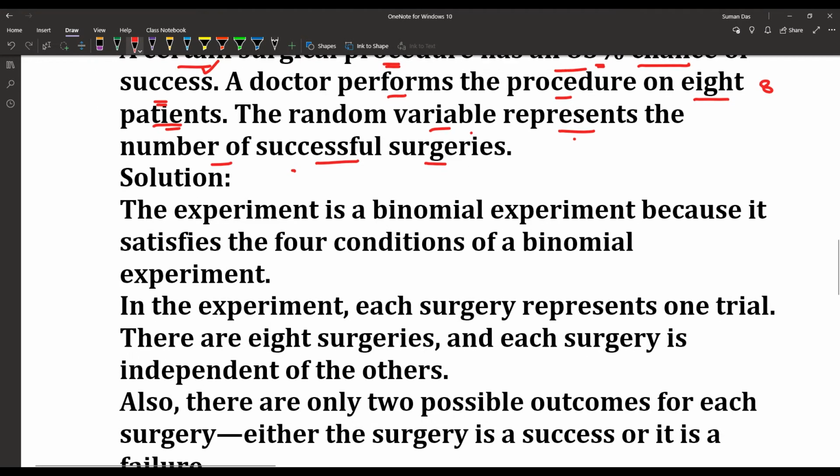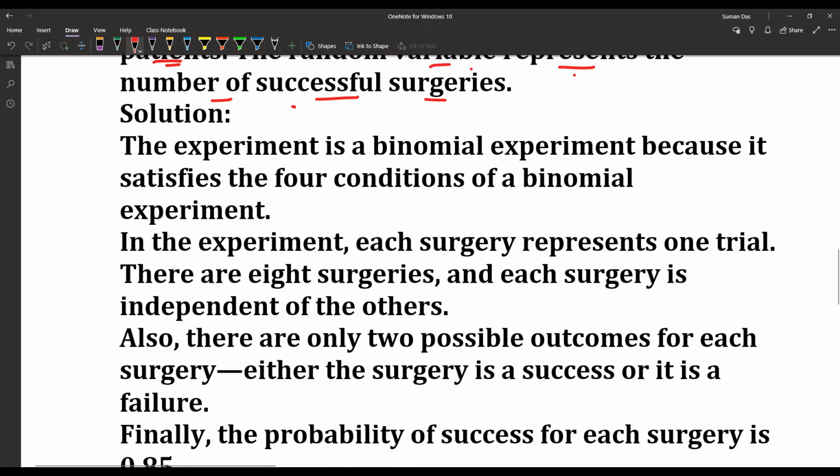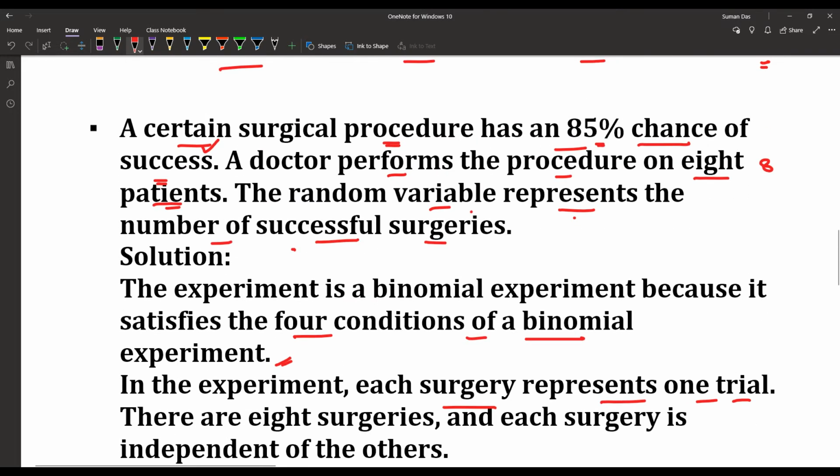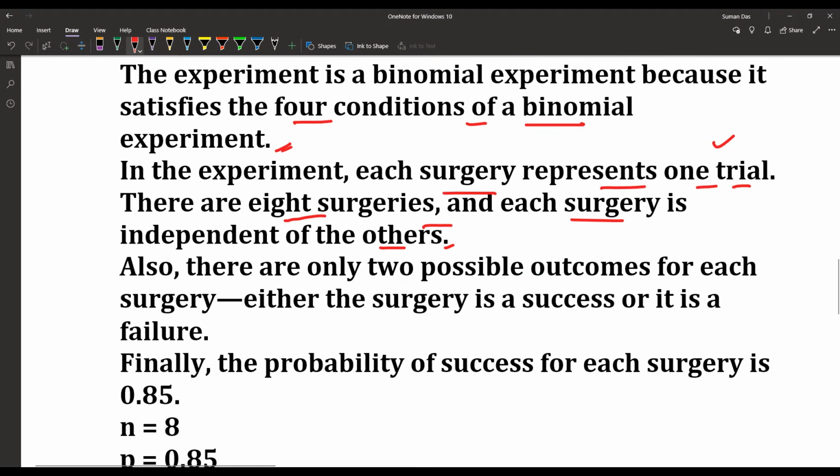Yes, the experiment is a binomial experiment because it satisfies the 4 conditions of a binomial experiment. In the experiment, each surgery represents one trial. There are 8 surgeries, and each surgery is independent of the others. So we have 2 properties satisfied.